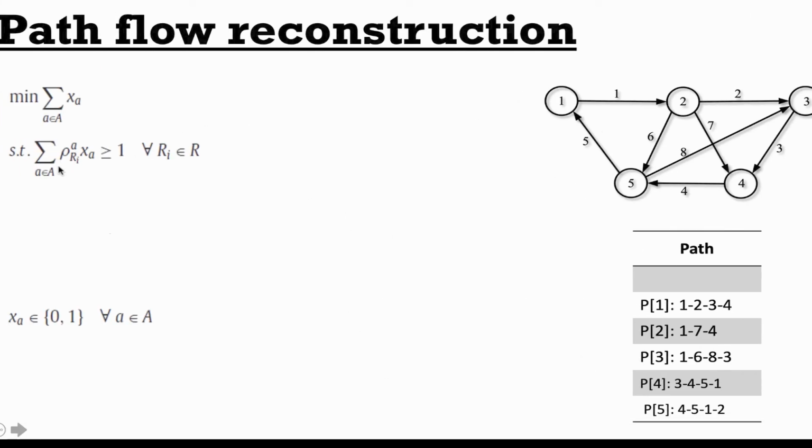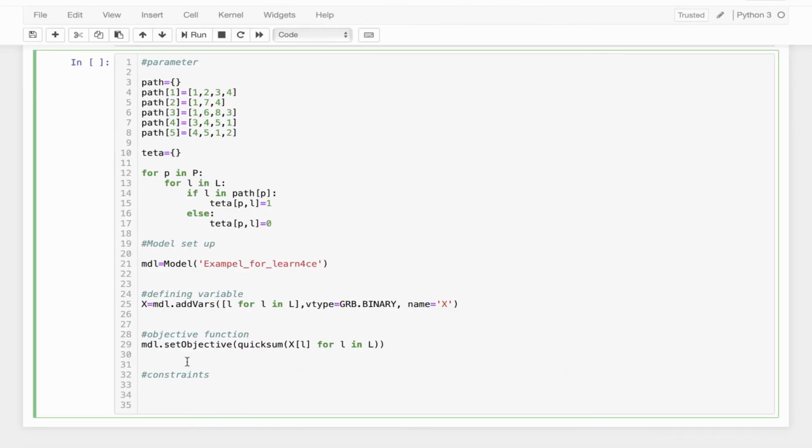In this constraint, we do the summation again over the set of links, and it should be repeated for each path to assure that at least one link from each path is selected. To do so, again, we use mdl dot. To add constraints, we use add constrs. Again, this letter S is the tricky part here.